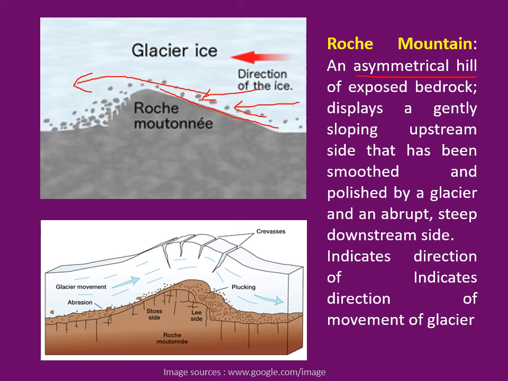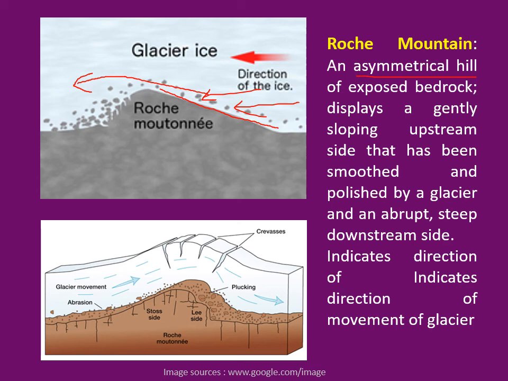So this kind of asymmetrical exposed rock surface, having a smooth, gentle upslope side and an uneven, relatively steeper downslope side, is known as roche moutonnée. And these kinds of features are a very good indicator of the flow direction of the glacial ice mass.